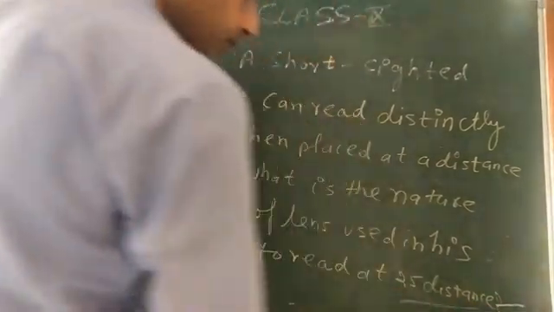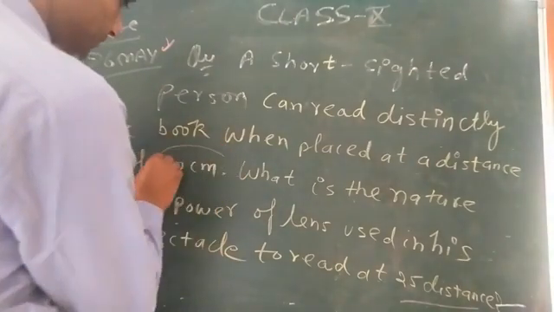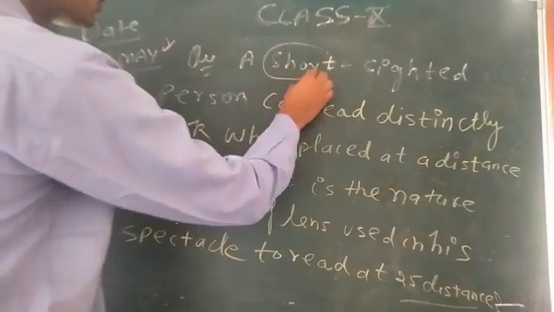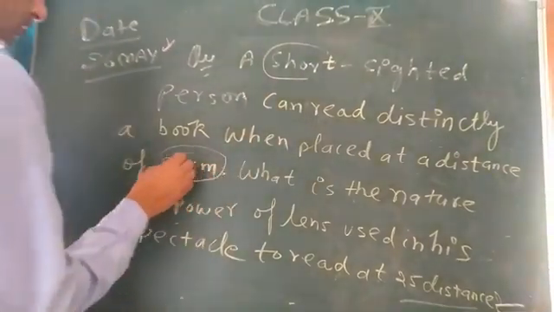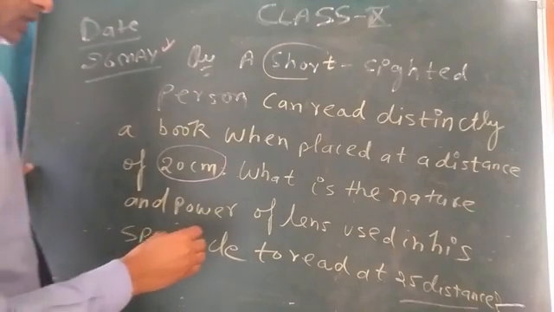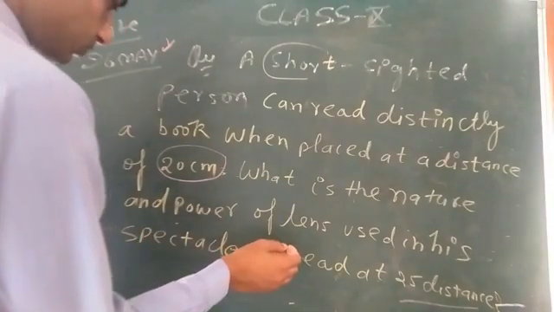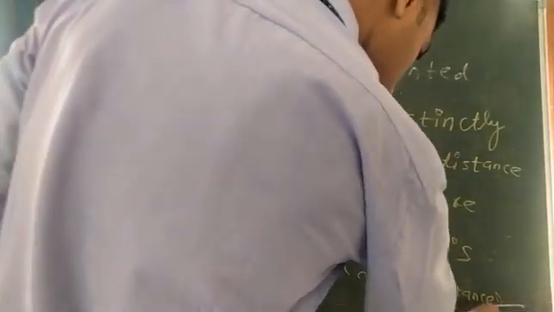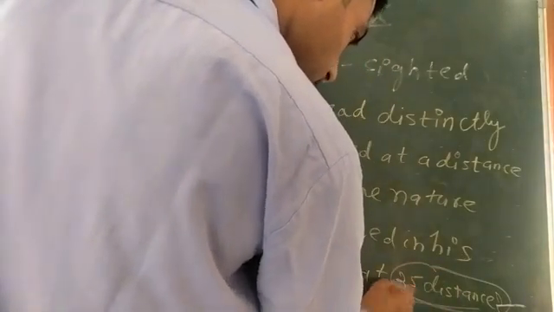It means the near point for the eye is 20 centimeter, and in this case the person wants to read the object placed at 25 centimeter.